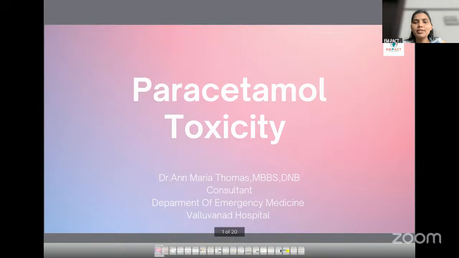How is this paracetamol causing the acute liver injury? Let's learn the metabolism of paracetamol. Just think of it like a story.